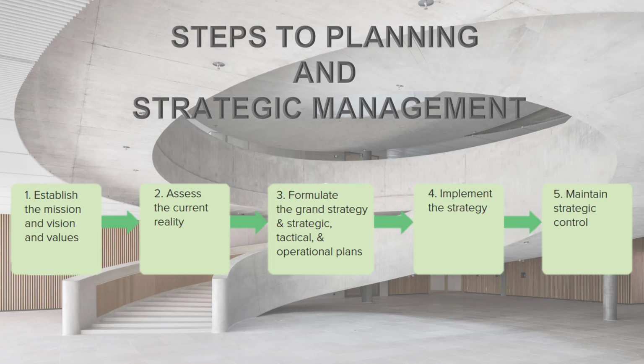Then we're going to assess the current reality of the business. We're going to move on to formulating our overall grand strategy and what our strategic, tactical, and operational plans for the organization will be. Once we've formulated those, we're going to develop and implement our strategies. Lastly, after we've implemented the strategies, we're going to maintain our strategic control.